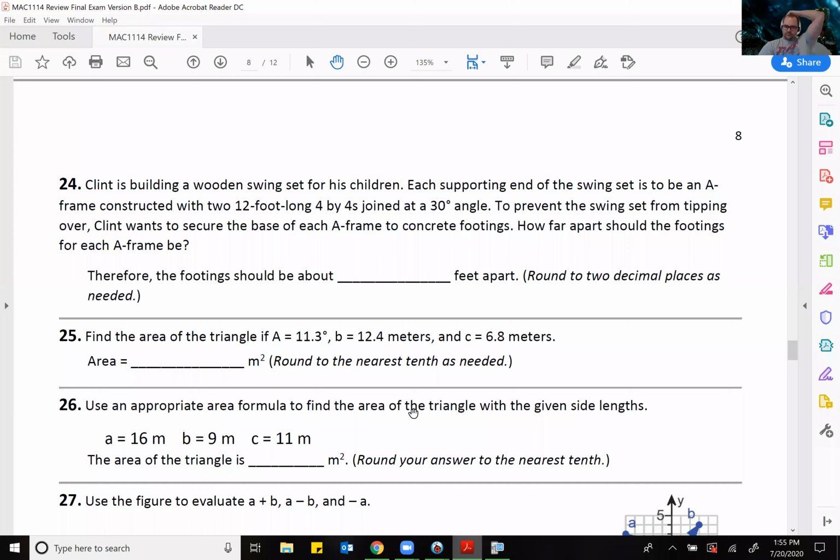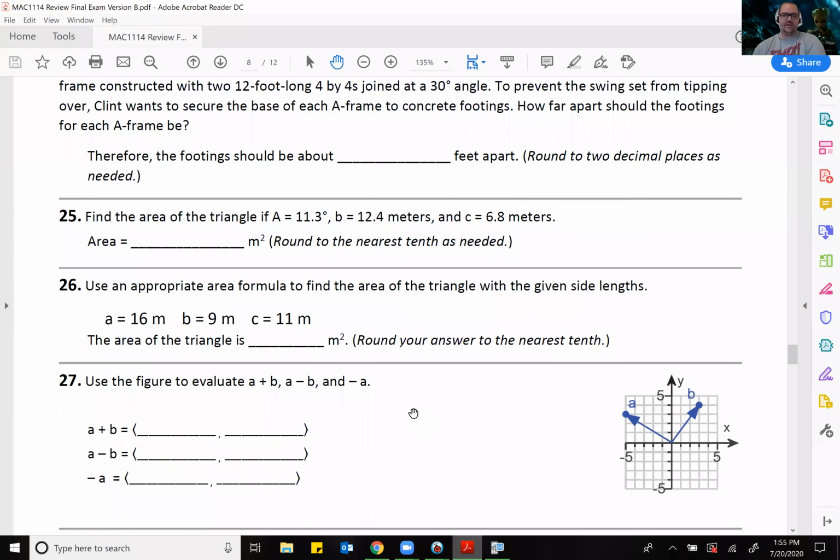Okay. All right, number 25 and number 26, again, coming from section 11.2, and these are all about area, plug and chug. So number 25, they tell us big A is equal to 11.3 degrees, little b is equal to 12.4 meters, little c is equal to 6.8 meters.